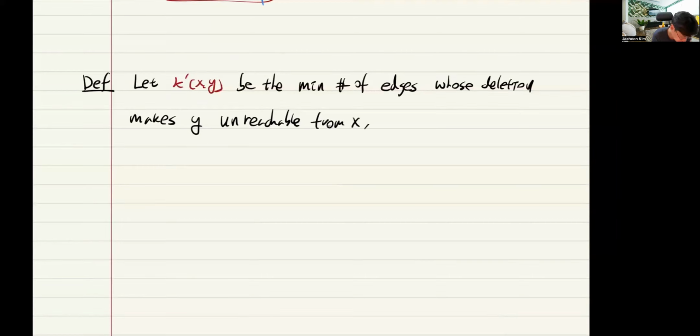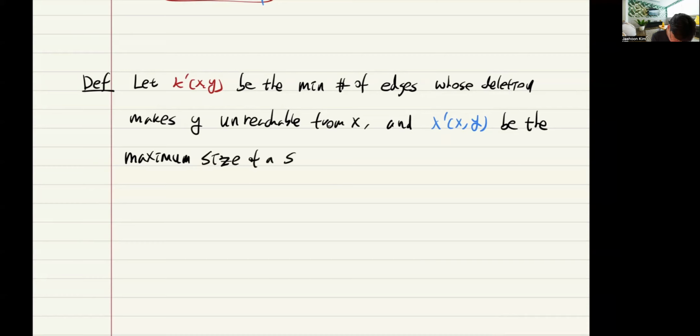And in either case, we define it in this way, and let lambda prime xy be the maximum size of pairwise edge disjoint xy paths.